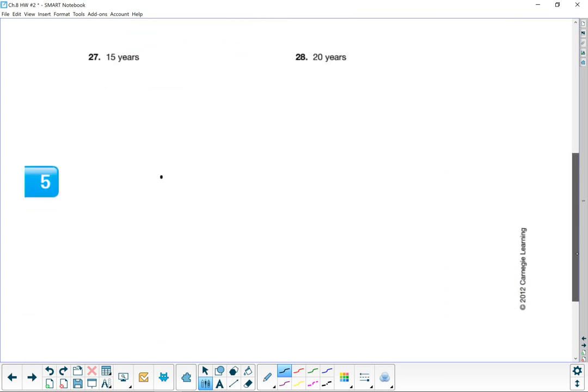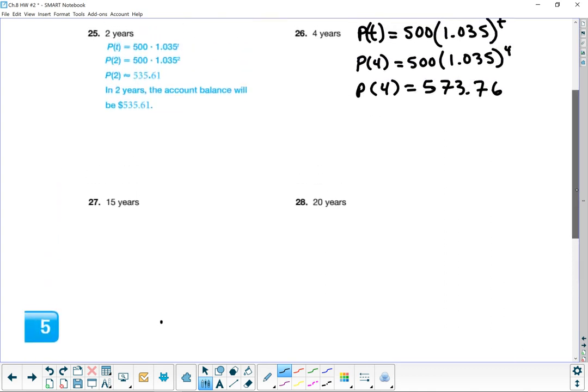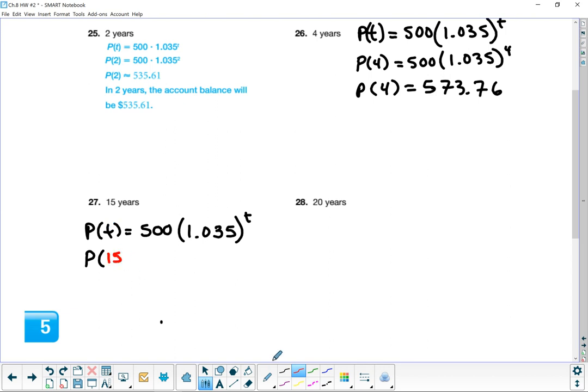Okay, 15 years. We use the same thing again. P of t equals 500. I write it down every single time, kind of like a sentence starter, like how you do in English, a little frame you can utilize. Now all you have to do is put in the different numbers. Now we want 15 years, so I just change that t to 15 and copy the rest.